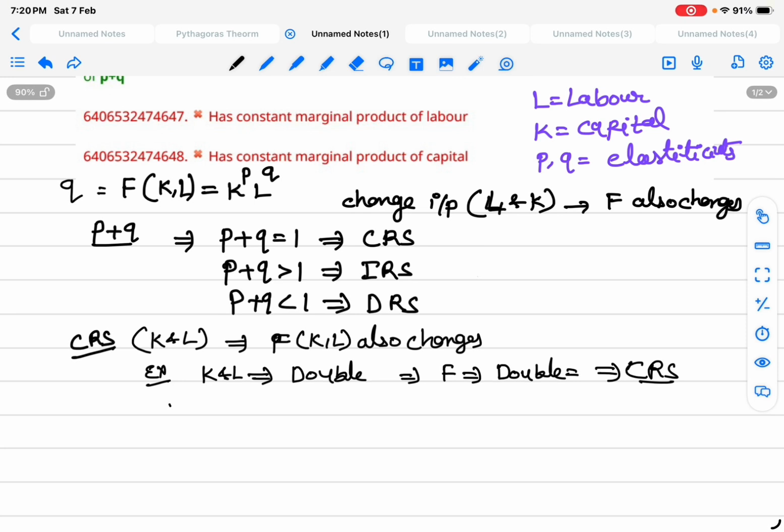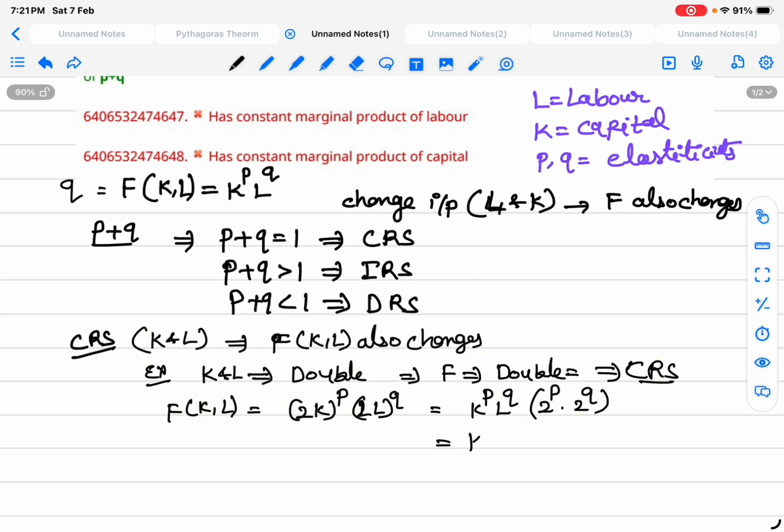For example, F of 2K, 2L equals 2K power P, 2L power Q, which equals K power P, L power Q into 2 power P into 2 power Q, that equals K power P, L power Q, 2 power P plus Q. This also doubles when P plus Q equals 1.